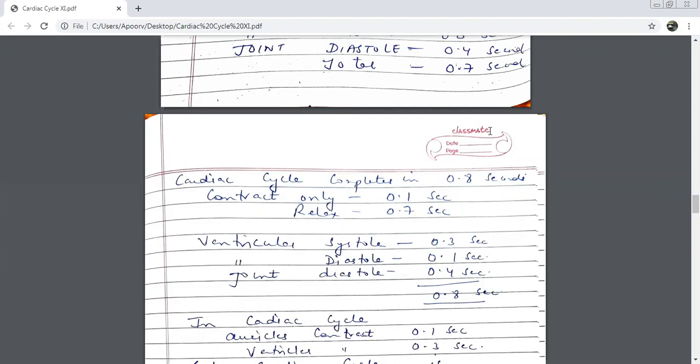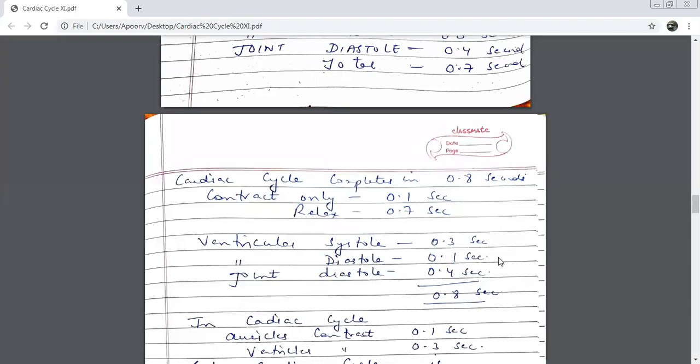Now let's talk about ventricles. Ventricular systole is 0.3 seconds. Ventricular systole is how much? 0.3 seconds. Ventricular diastole is 0.1 seconds. Ventricular diastole, the relaxing phase of the ventricles, is only how many seconds? 0.1 second.